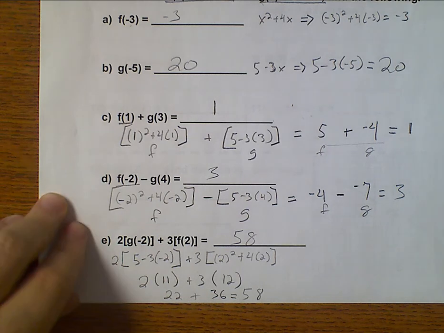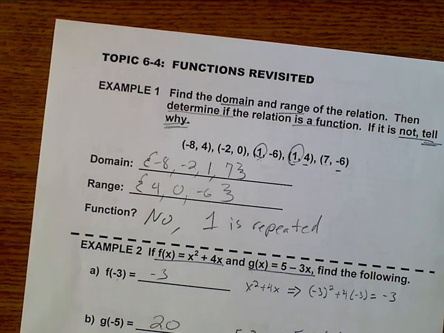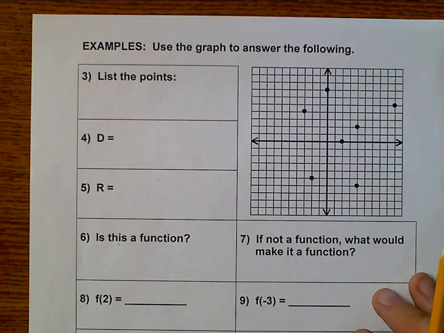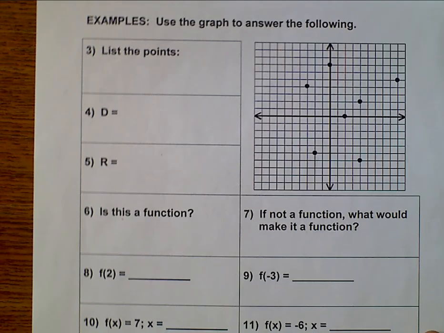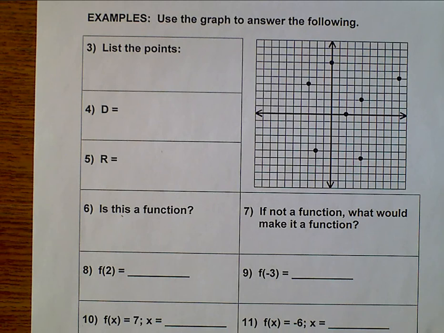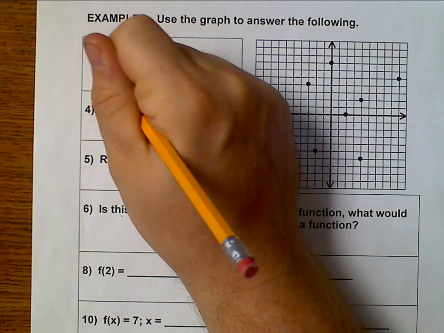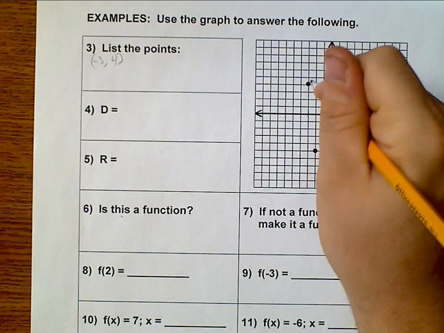Let's go ahead and turn to the next page. And this is just a review. Let's go ahead and list these points. So my first point is 1, 2, 3, 1, 2, 3, 4, negative 3, 4. Mark it off.